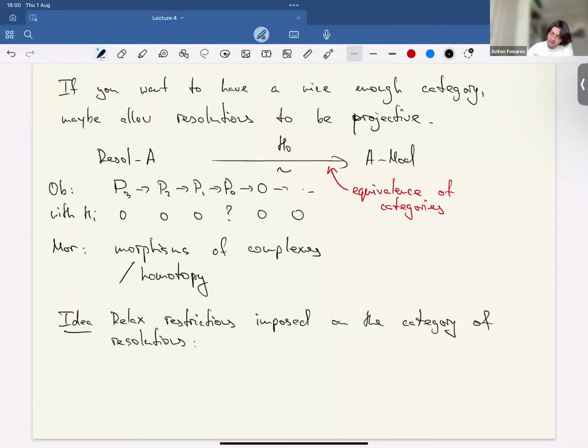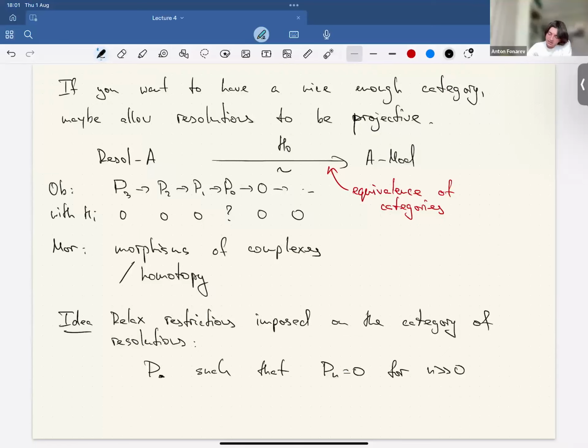How do I relax these restrictions? I simply consider resolutions P such that, first, Pn equals 0 for n big enough.